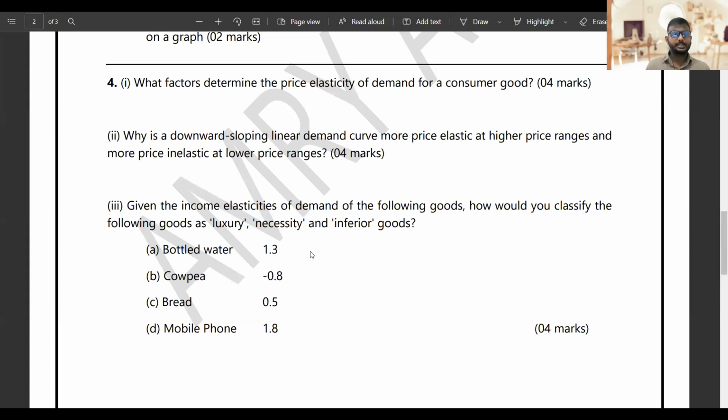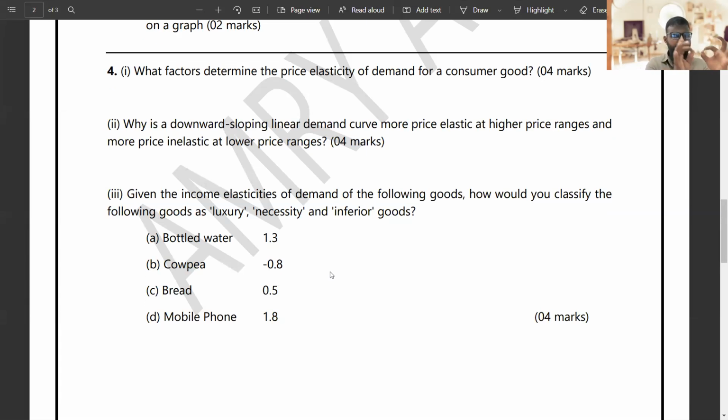What factors decide price elasticity of demand for a consumer good? And they are giving you 4 marks for this. They have simply asked what factors decide price elasticity of demand. So all you have to do is simply tell me the answer for this question. Give me at least 2 points.